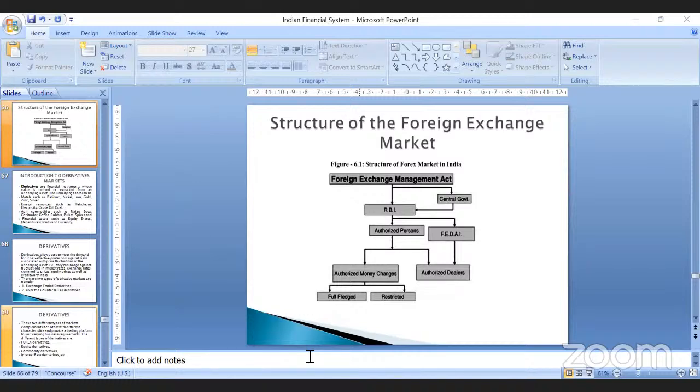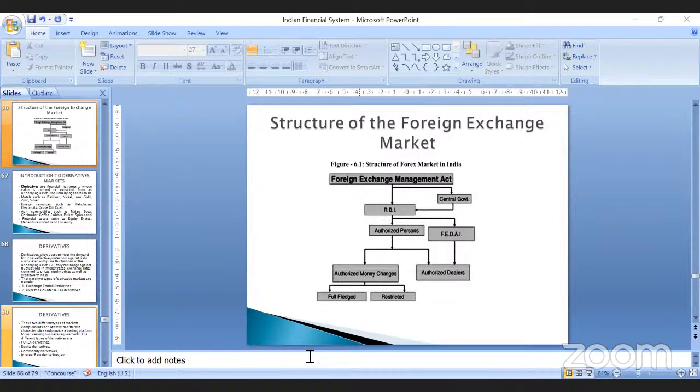That is, the Government of India is officially designated to operate or control this foreign exchange market. The government exercises certain specific powers because they are working under the Foreign Exchange Management Act 1999. So these markets are regulated by the central government.